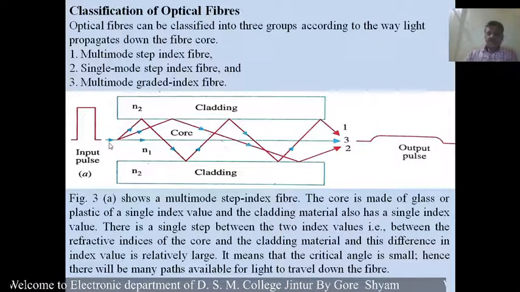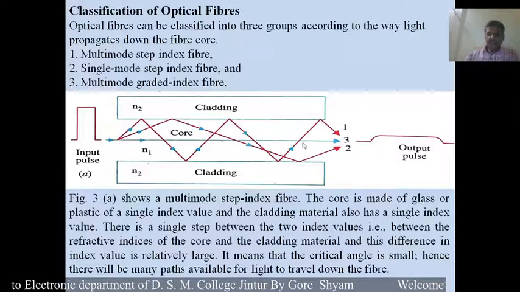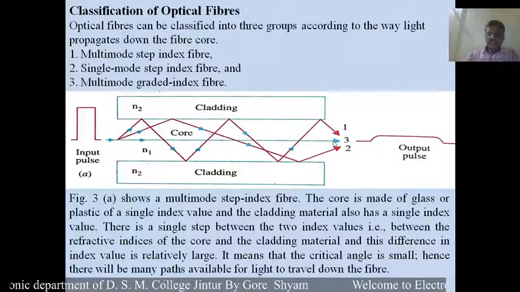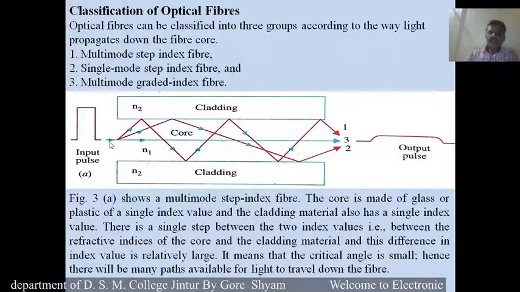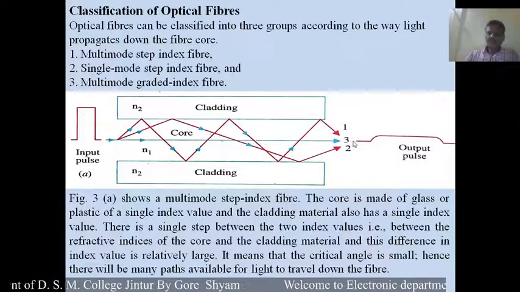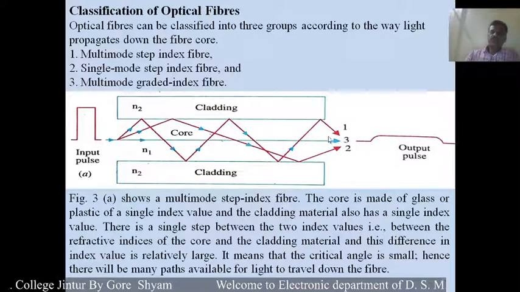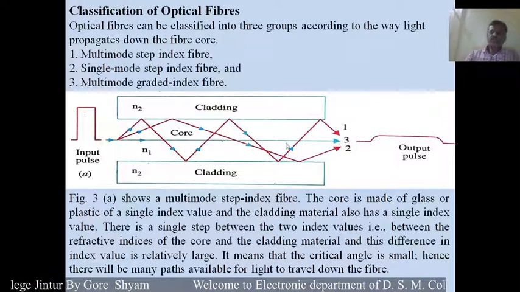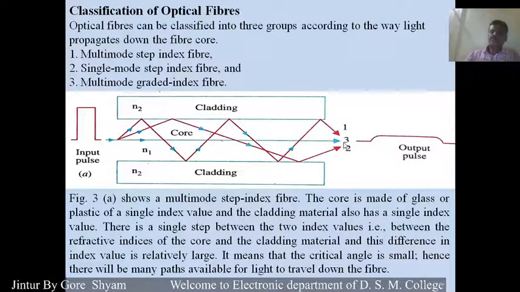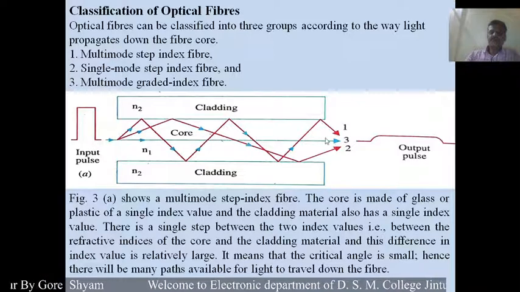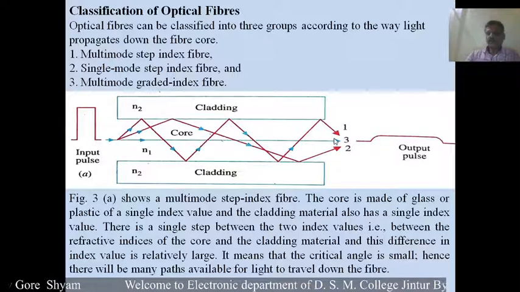Here this is light ray number 3, and it travels through this optical fiber in a straight way, and it can reach the output in a very short time because it covers very little distance, therefore it can travel with very high speed.